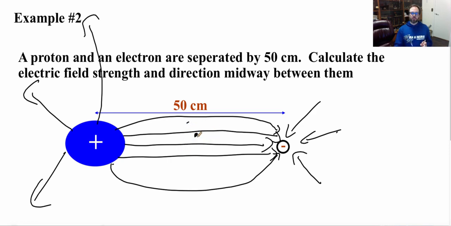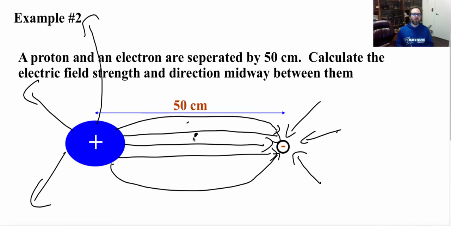This point charge is going to be affected by both source charges, the proton and the electron. So I'm going to have to add both of those together to figure out the field strength. Since my point charge is in between two source charges, and I want to figure out the influence of both, I'm going to have to find the sum of both source charges on my point charge.